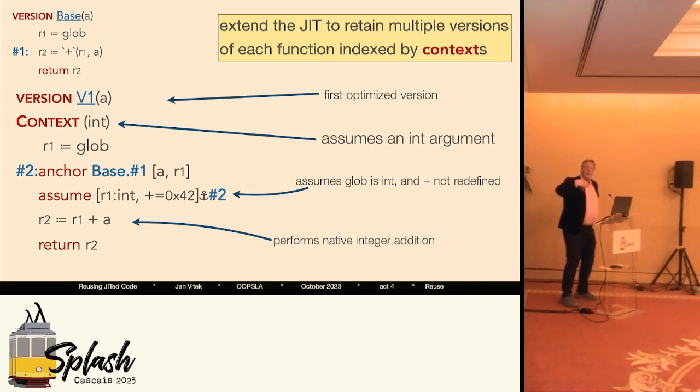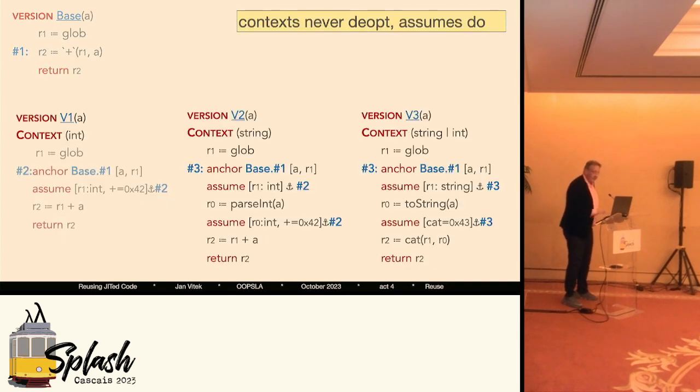And now, inside of the body, we don't have to check. We know that this is going to hold. We can make other assumptions. So here we're going to assume that the global variable holds an int and that plus hasn't been redefined. They're useful assumptions. So it can still de-optimize, but some of the problems have been lifted out.